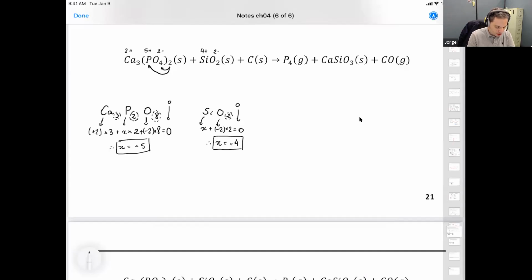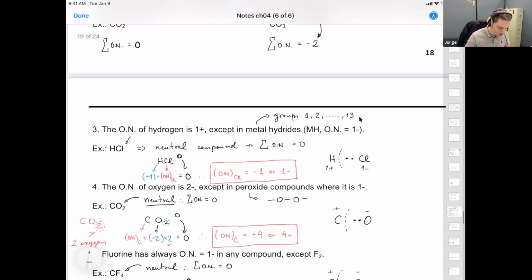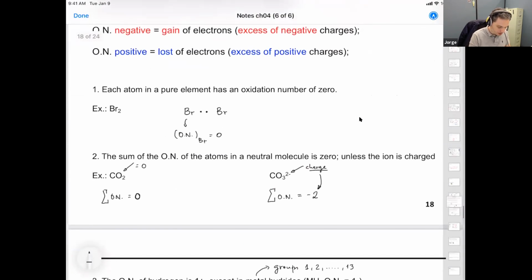Okay, careful with the next compound, it is carbon by itself. So let's go back to the rules. See here rule number 1. Each atom in a pure element has an oxidation number of 0.